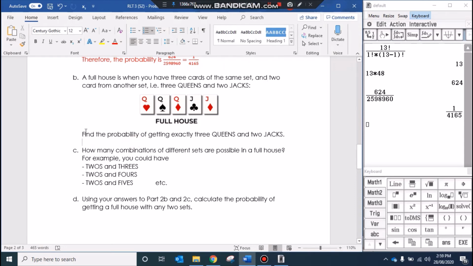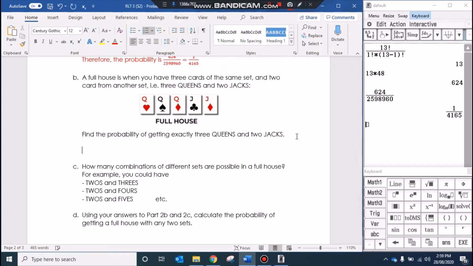We want to find the probability of getting exactly 3 queens and 2 jacks. So we're going to start off with that. So to get exactly 3 queens and 2 jacks, we are selecting 3 out of 4 possible queens, and then we are selecting 2 out of 4 possible jacks.